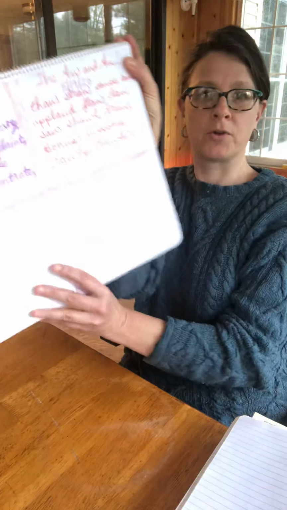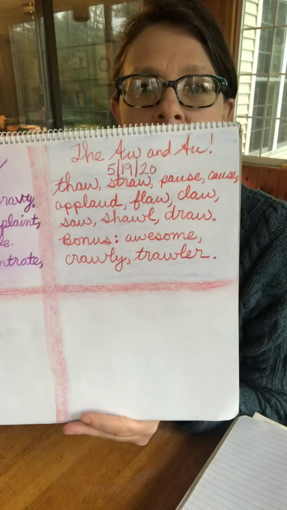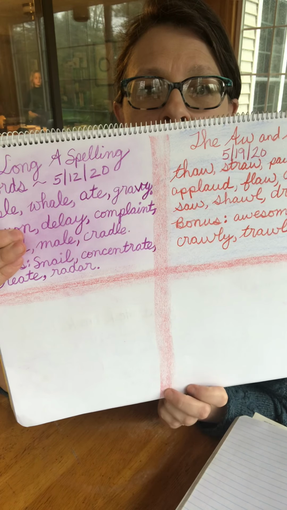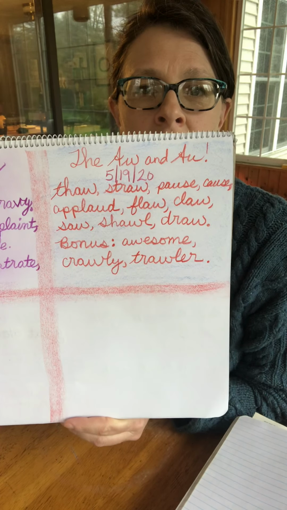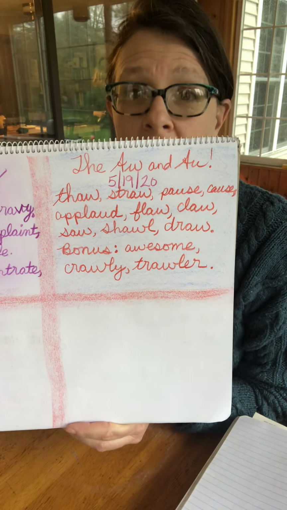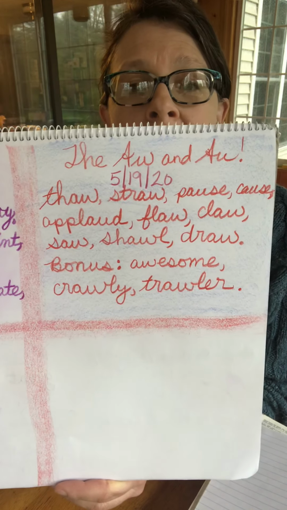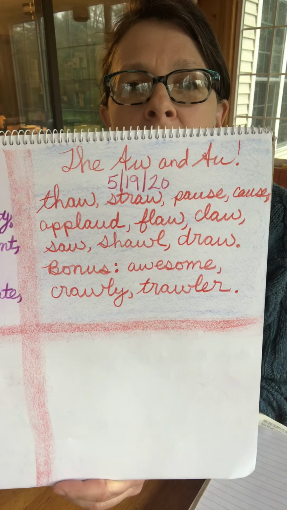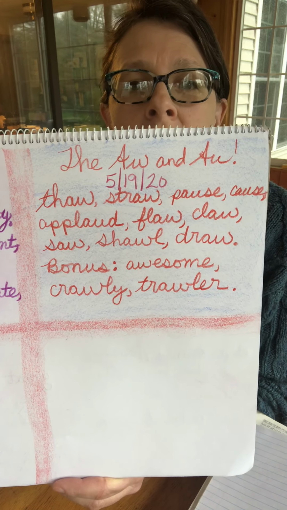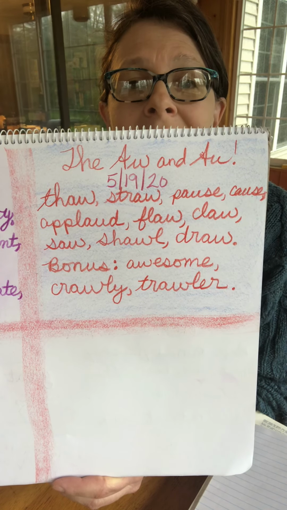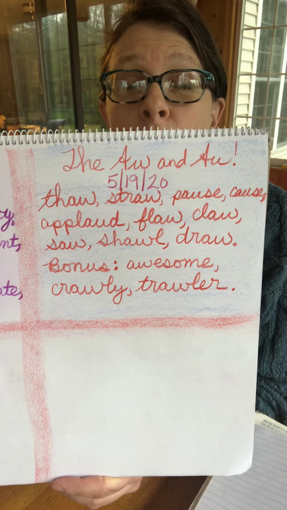There we go. So our new week's spelling words, and I wrote the date in the shorthand form. So once again, pause the video if you need to see my spelling, but I think I have some stellar spellers watching these videos. You might not need me to pause. You may not need to pause it.